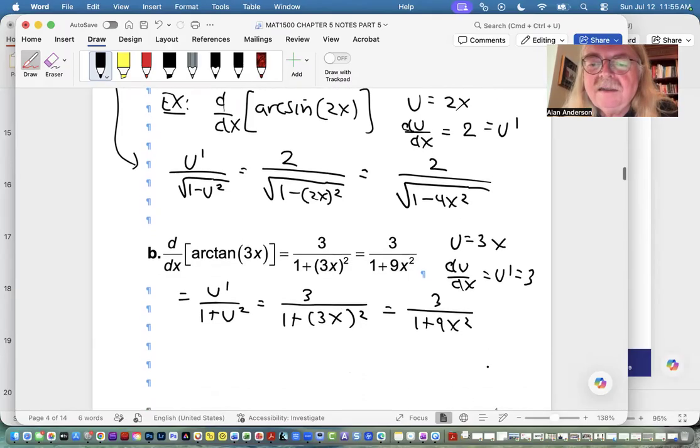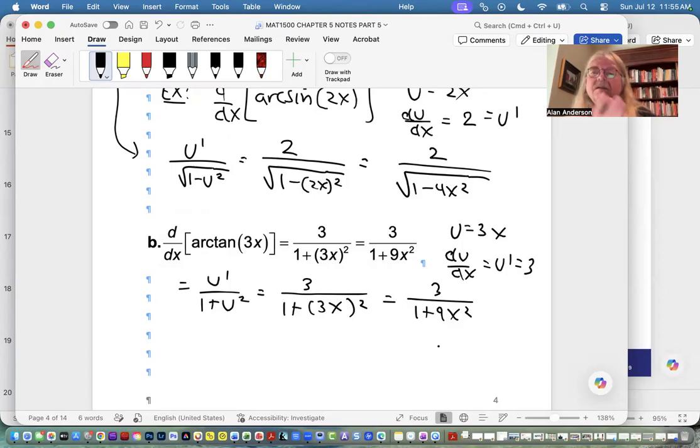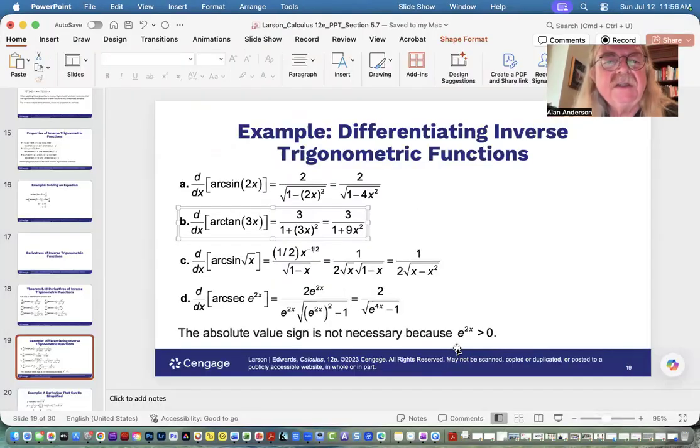Not bad. It wasn't that difficult, part of the reason why it's so easy is because it's clear which rule we're supposed to use. When you start doing integration with these, well, then it starts to become more of a challenge because it's not always obvious which one you're looking at. Okay, but here we know exactly what we're trying to do.